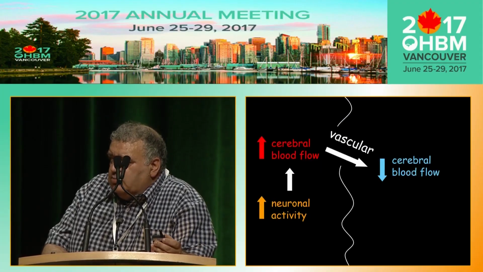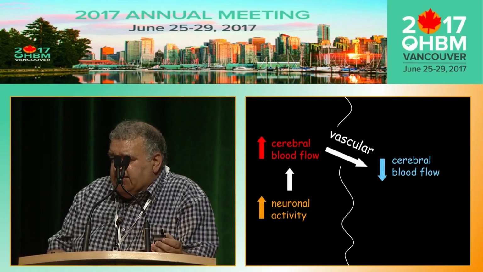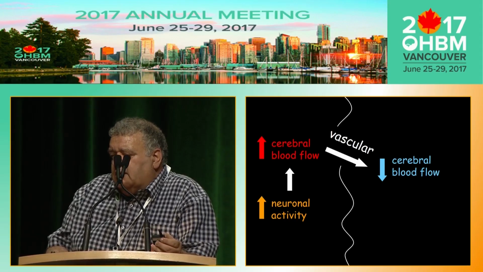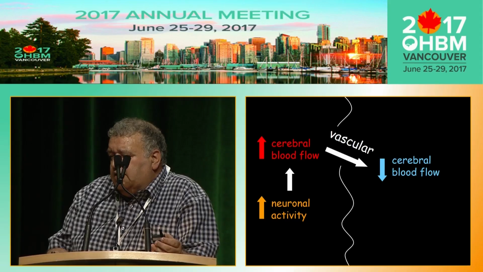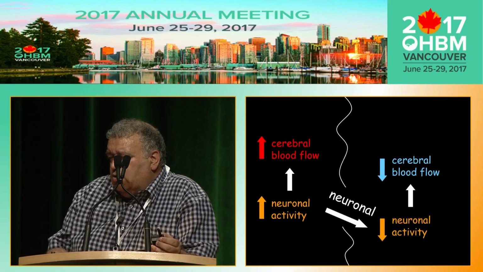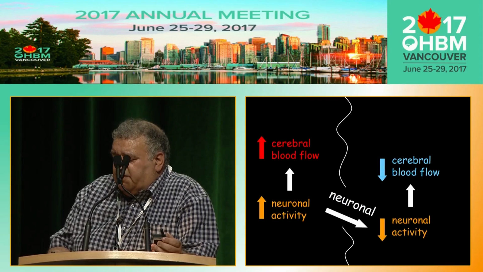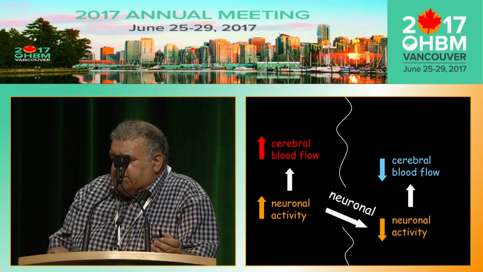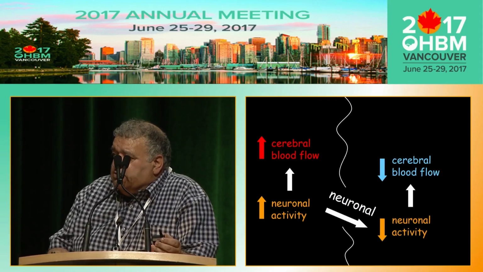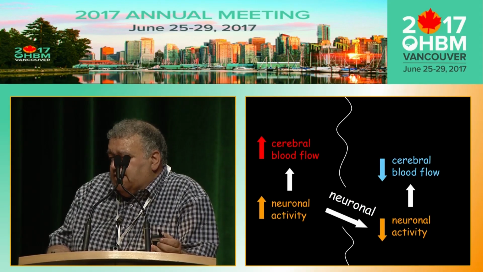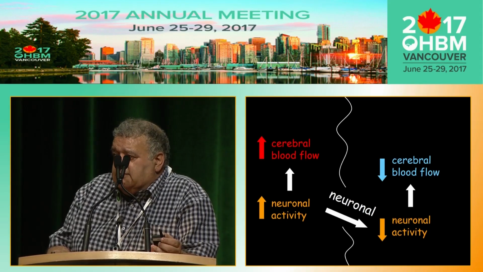Now, the mechanism could be interpreted as either vascular, meaning increases in cerebral blood flow to one area cause, through vascular effects, reduced cerebral blood flow in another area, or it could be interpreted as a neuronal effect, meaning increases in neuronal activity in one area induce suppression of neuronal activity in another that causes a decrease in cerebral blood flow.